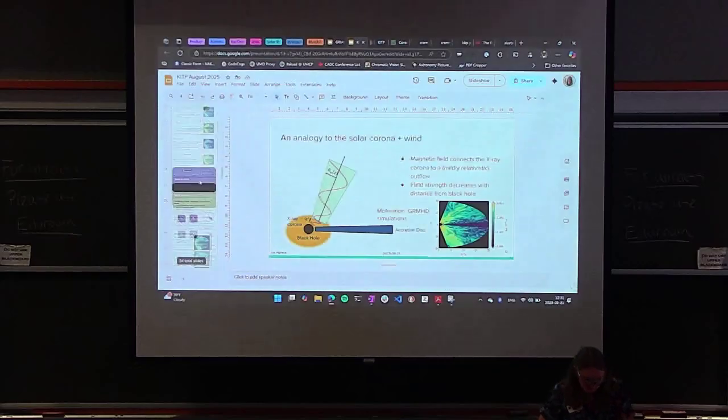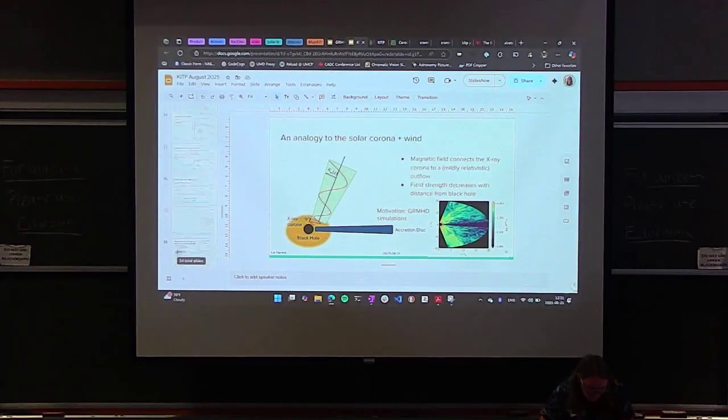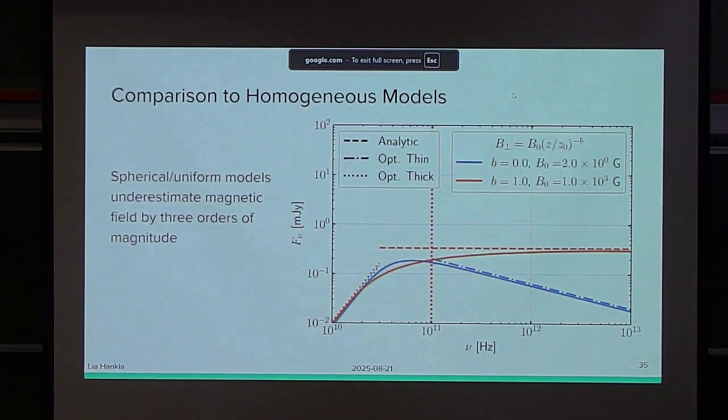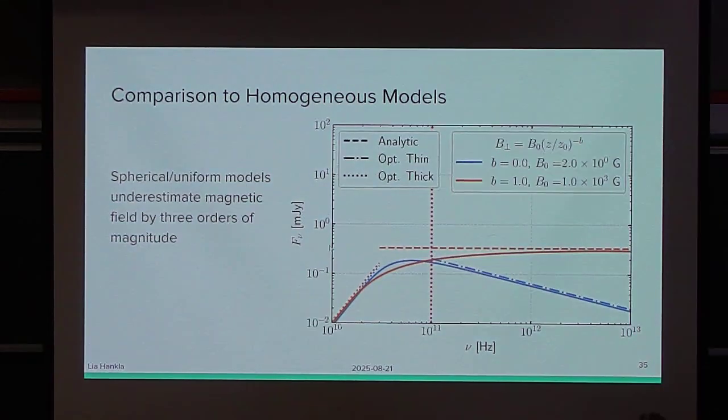But what people usually do, and this is still kind of an early field, so models are still coming out observationally, is exactly what you said: assume a spherical emitting region with a uniform magnetic field and then fit the size to it. And that's what I'm showing here. The blue is that uniform sphere, and the orange is my model with the gradient, for like 1,000 RG.